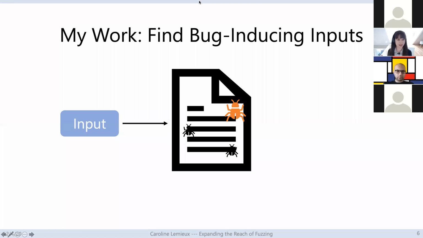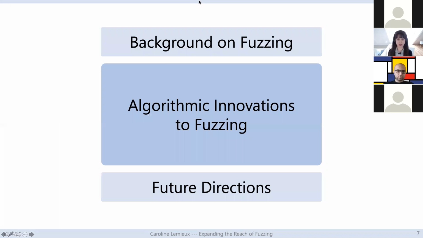Now, with that in mind, what am I going to talk to you about today? First of all, I'll give you some background on the term fuzzing as I'm using it. Then I'll talk to you about a bunch of algorithmic innovations to fuzzing.